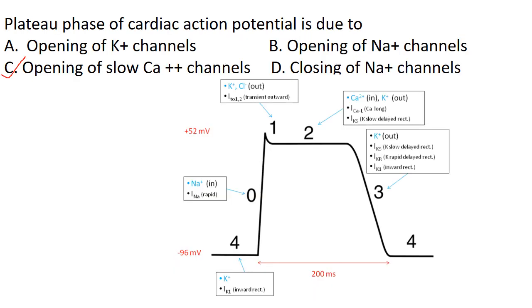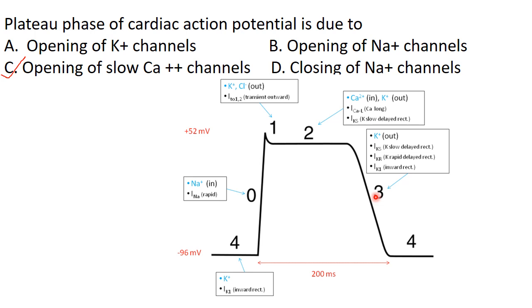Then next one. The plateau phase of cardiac action potential is due to. So there are 5 phases: 1, 2, 3, 4, 5. So totally 5 phases for cardiac action potential. The phase 4, that is the resting phase.